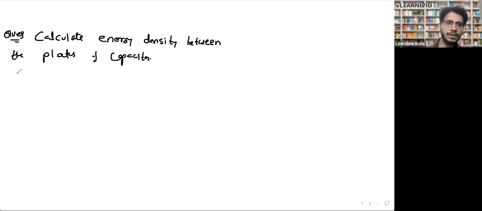When we say energy density, it simply means energy divided by the volume of the system. It's energy per unit volume. So we can write energy density.